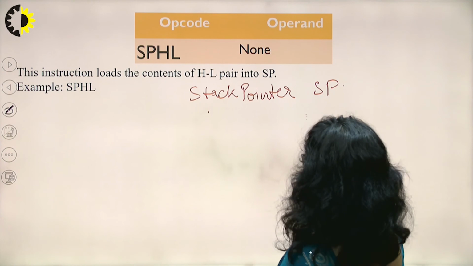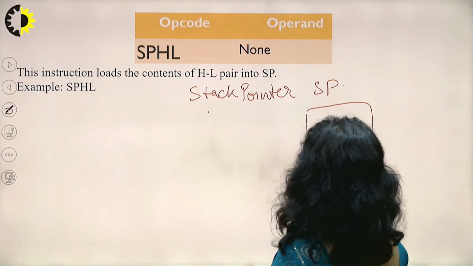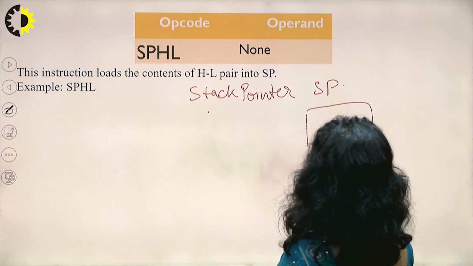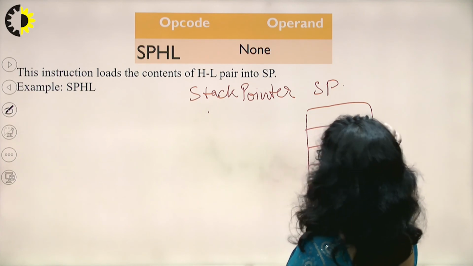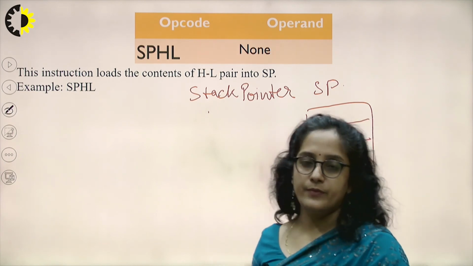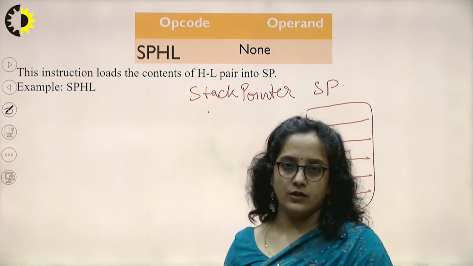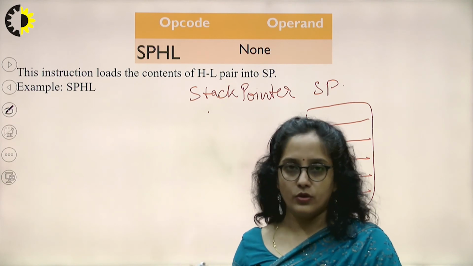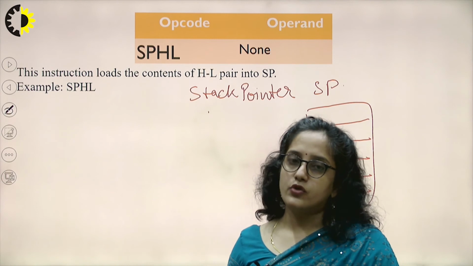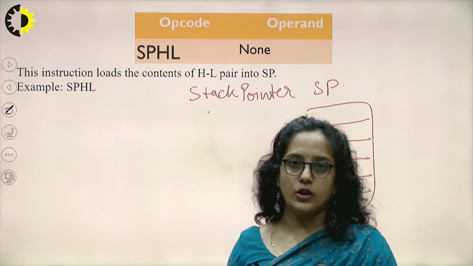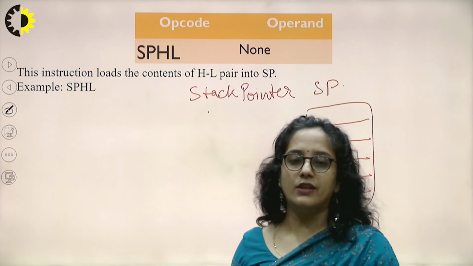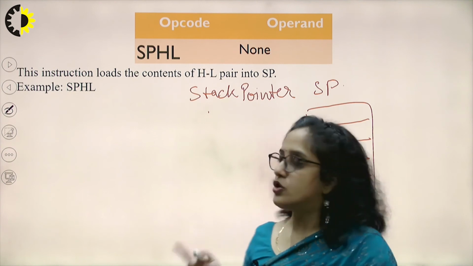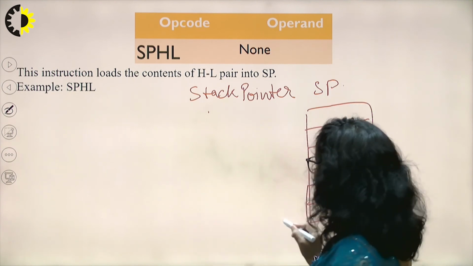The stack is a temporary memory location in RAM which the microprocessor uses to store data temporarily. Whenever we start to write a program, either we specify a memory location for the stack, or it takes the default memory location. So the stack pointer always points to some memory location.